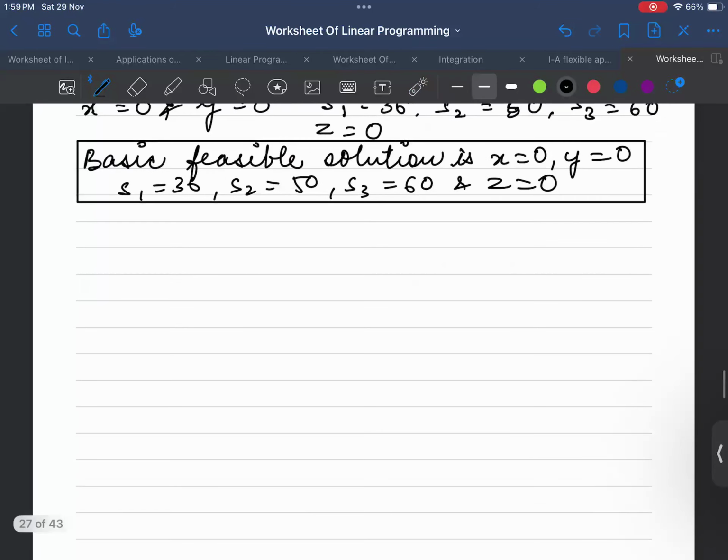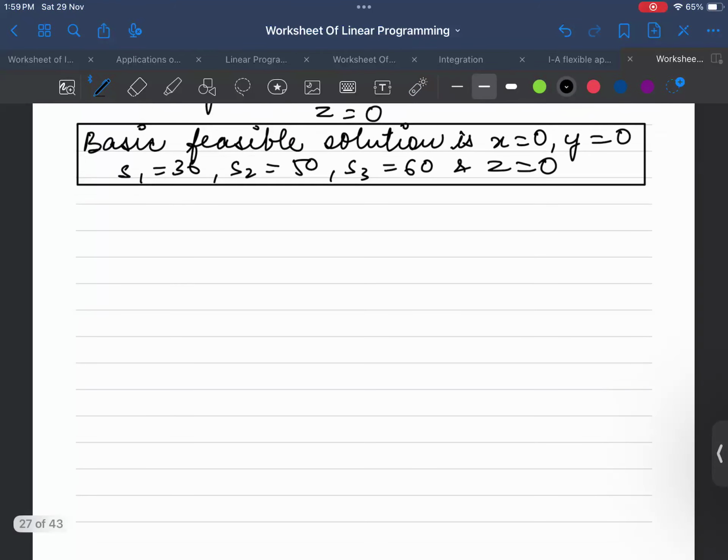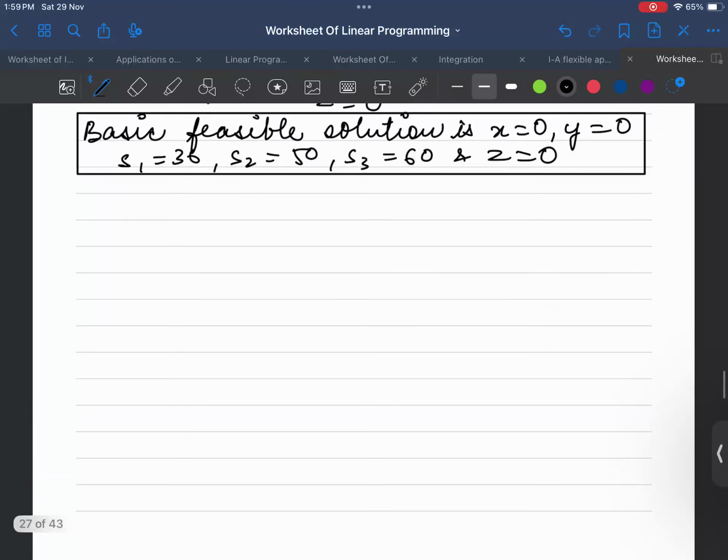Right? So whenever we write the table, the first column would be the Cj. What is Cj? This is the contribution to the objective function. What is the contribution of the basic variables to the objective function? Then second is your basic variable. Then third, we will write the solution of the basic variable.